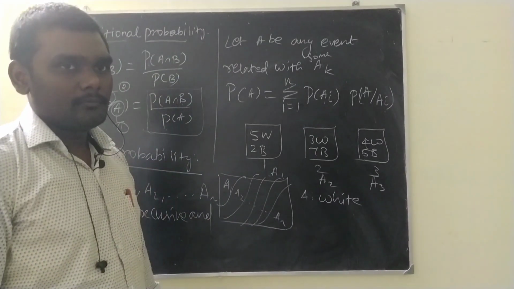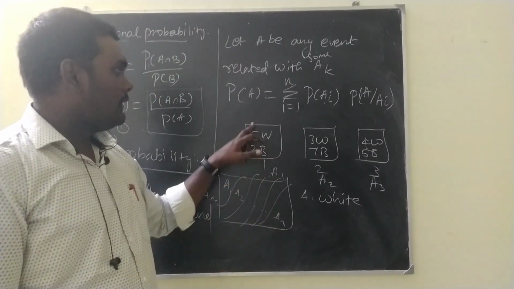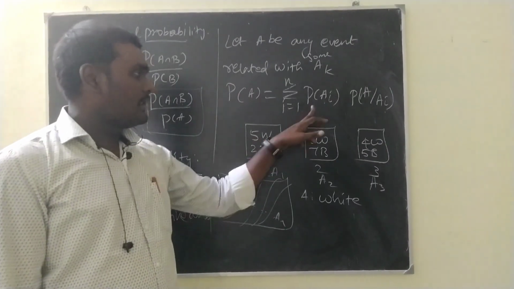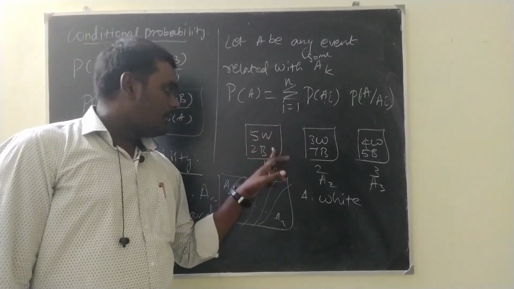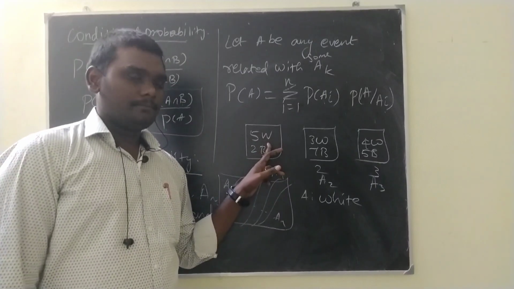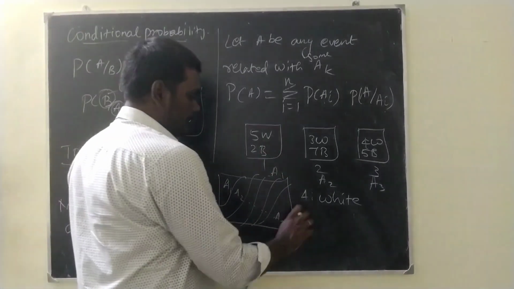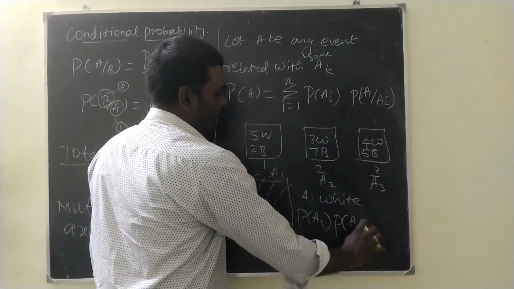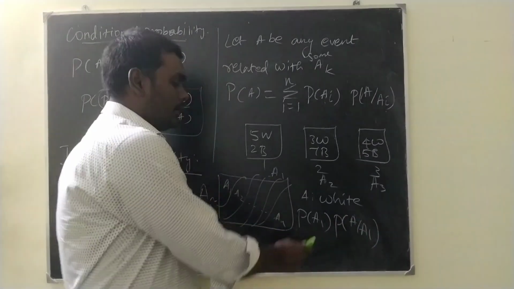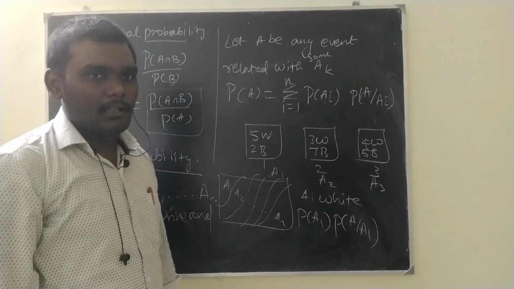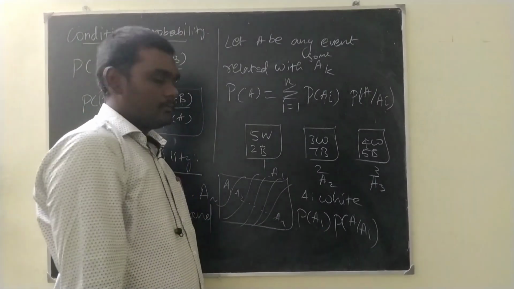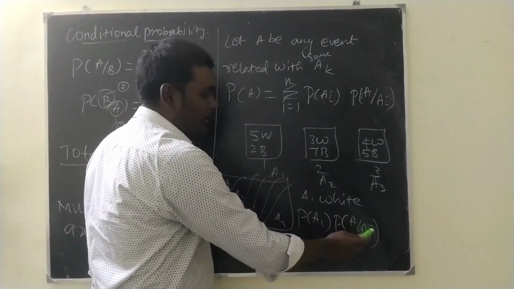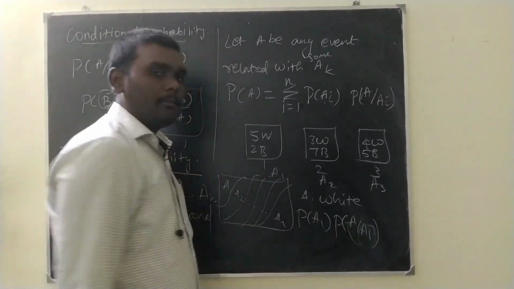So the probability of choosing the first box into, after choosing the first box, a white ball coming from it. When I mention P of A1 into P of A given A1, meaning what? The probability of choosing the first box into the probability of A given A1, that is, after choosing A1, the probability of getting a white ball from that.